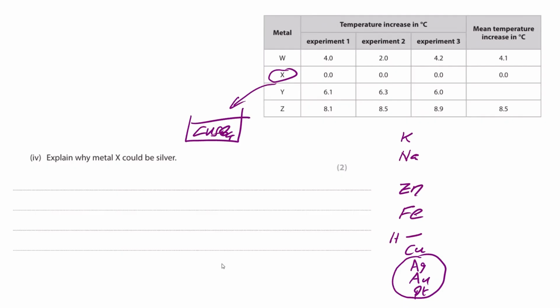Since there's no reaction, yes, there's a possibility our metal X can be silver. So how are we going to write that here? First we say that silver is less reactive than copper.